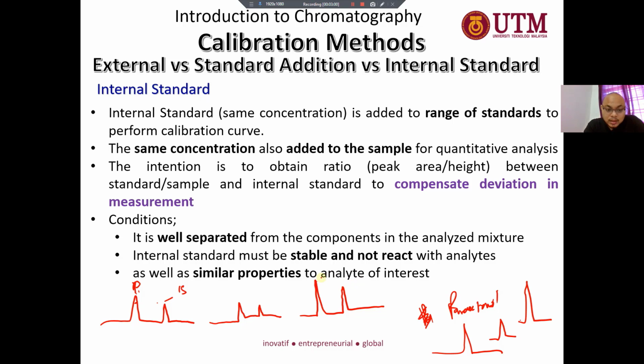So if we encounter fluctuation of the instrumentation reading, we need to use the internal standard, because the height ratio or the area ratio should be the same, even though we have fluctuating readings.